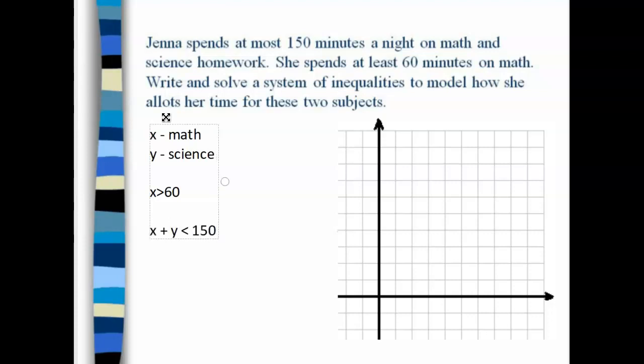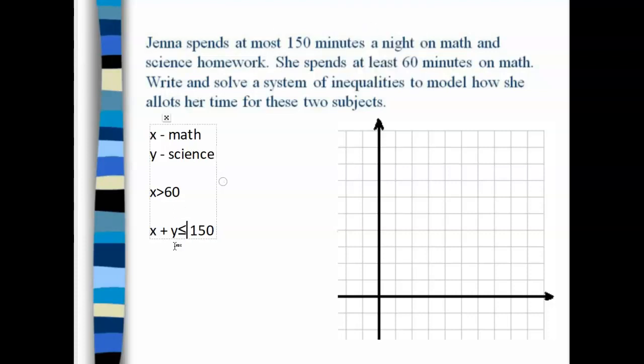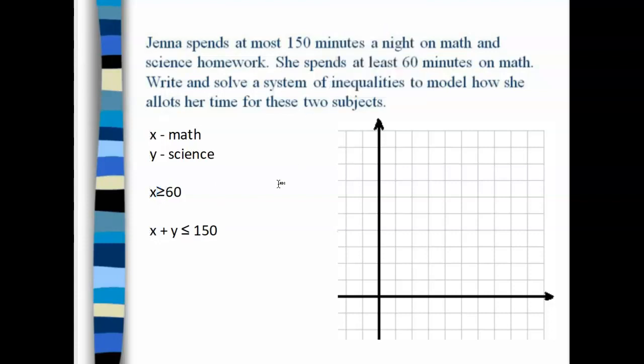So that means x plus y is less than or equal to 150. So I have a system of inequalities now. We have two equations representing these problems.